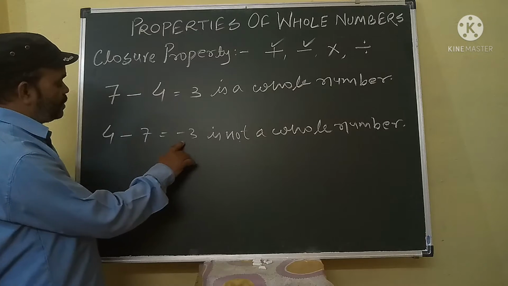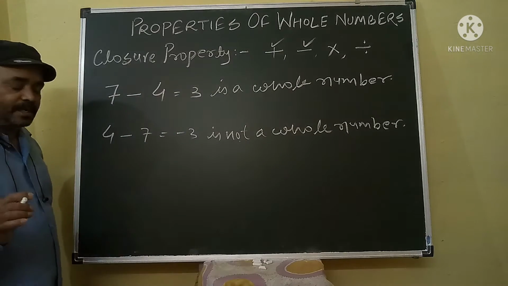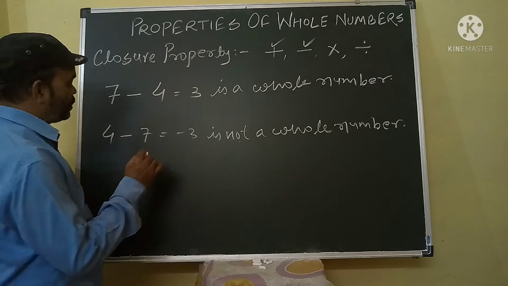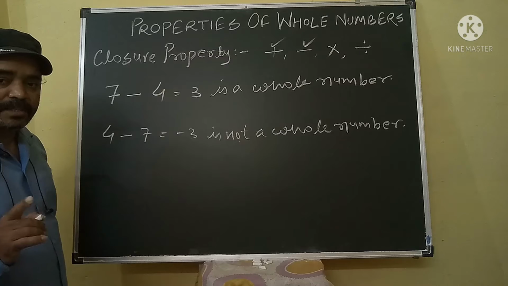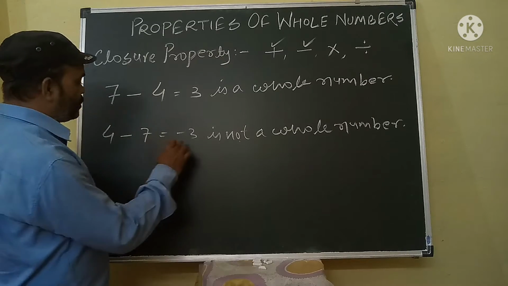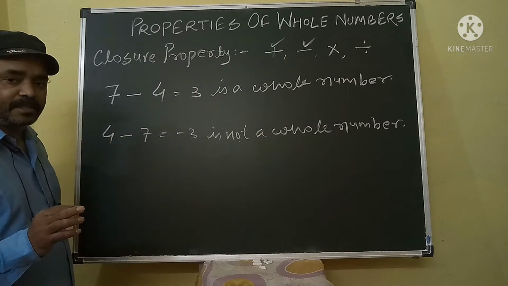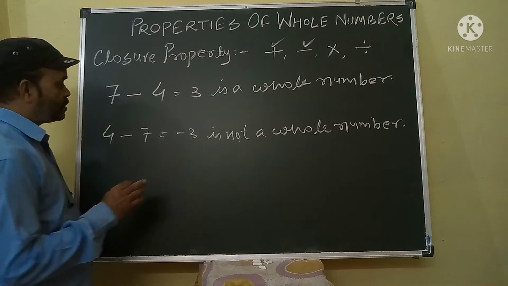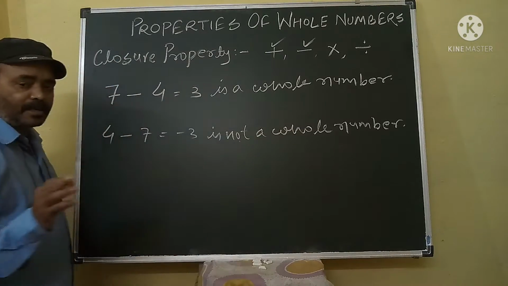It is a negative number. And please keep in mind, whole numbers are always positive except 0. But minus 3 is a negative number. So minus 3 is not a whole number.